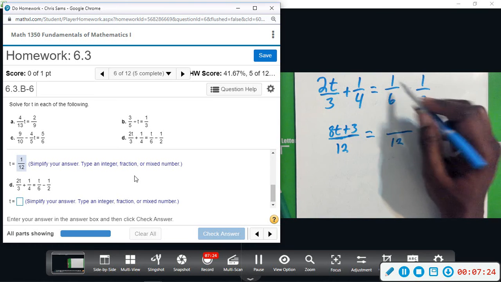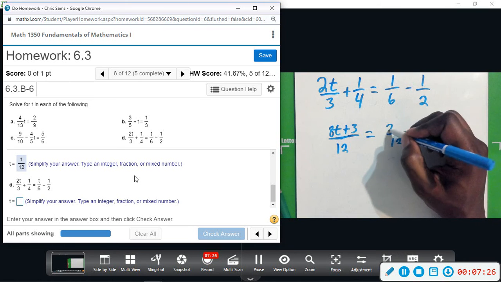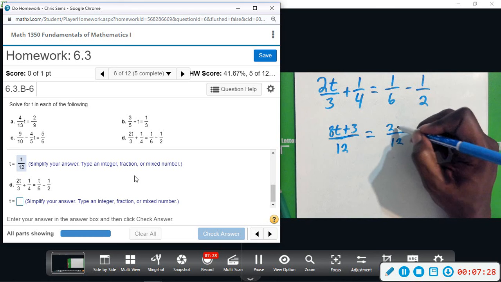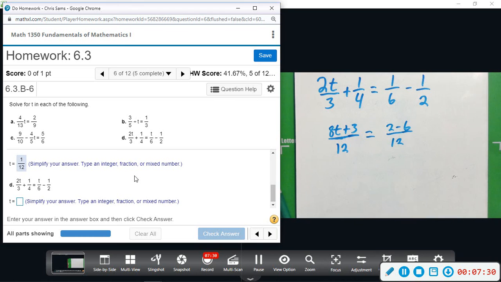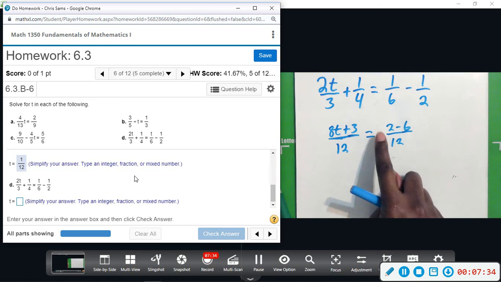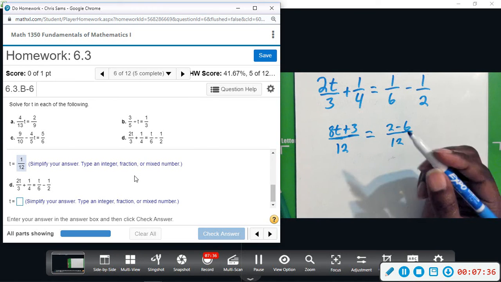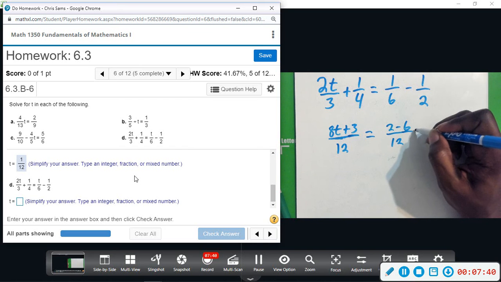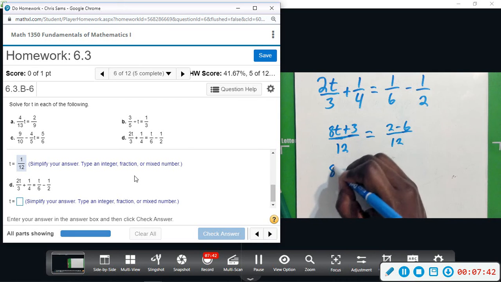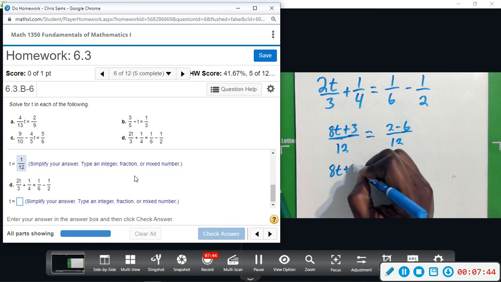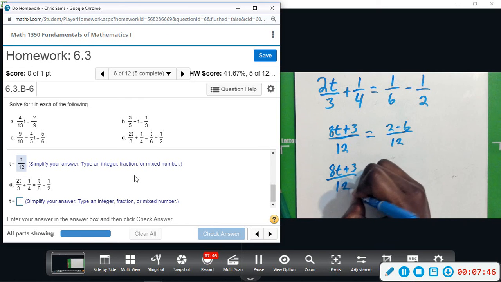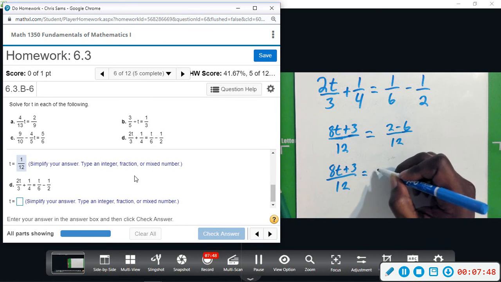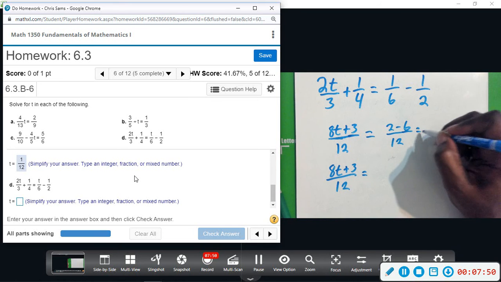And then multiply 2 and 1 and the 6 and 1. So over here we can simplify. This will give us negative 4 over 12. Negative 4.